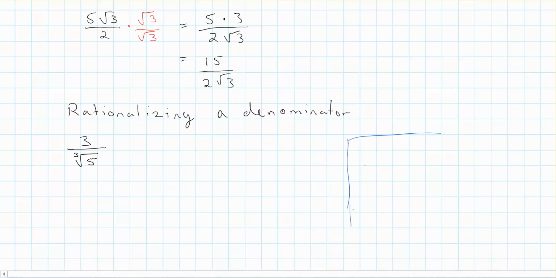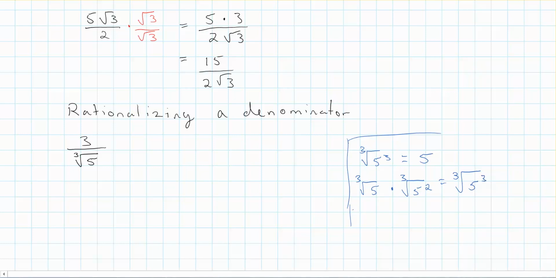If I had the cube root of 5 cubed, I know that would simply be just 5. So I want the cube root of 5 cubed. Well, what would that mean? I have the cube root of 5, so what would I want to multiply by?